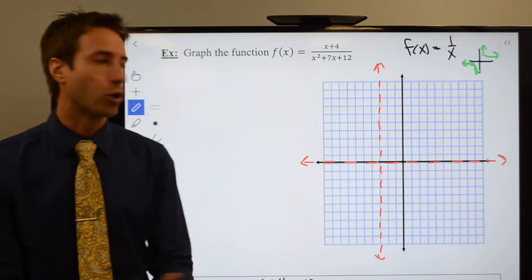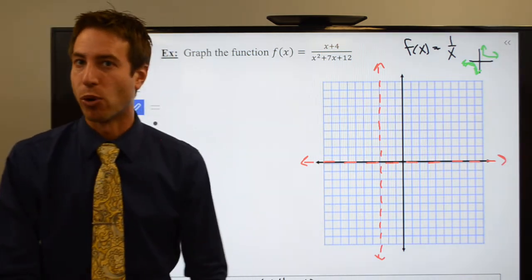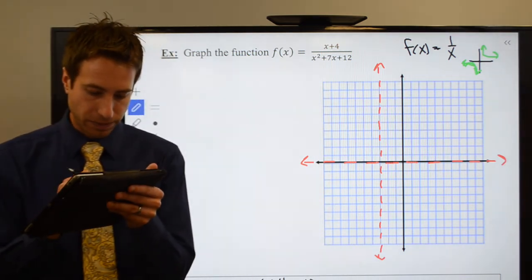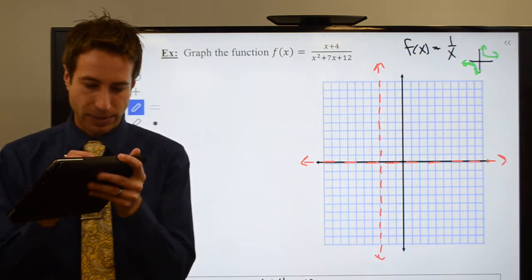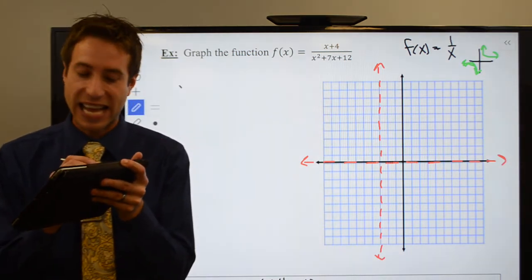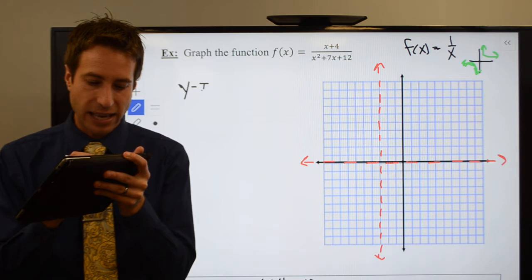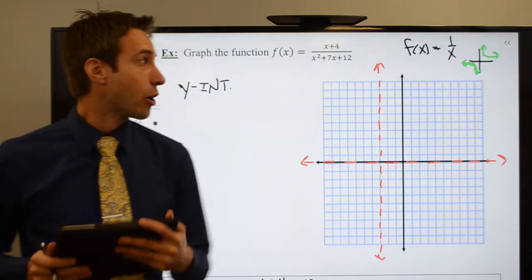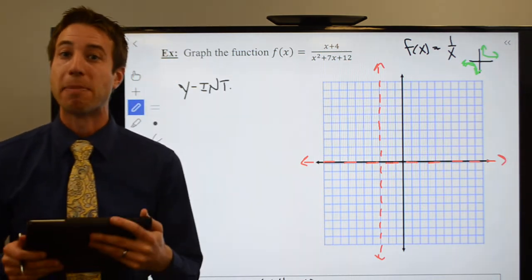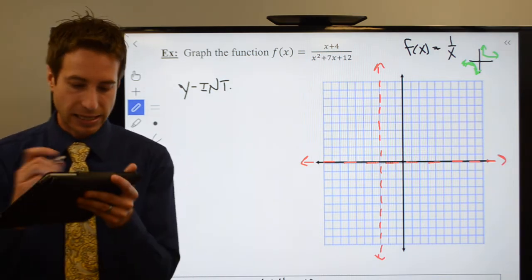We can go ahead and quickly find a point. Let's find a point. So here's what we're going to do. Y-intercept. Since I don't have an x-intercept, let's find a y-intercept. Now remember, you'll find the y-intercept by letting x be 0.